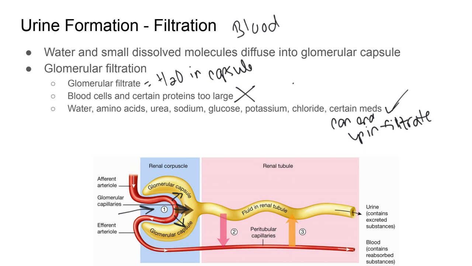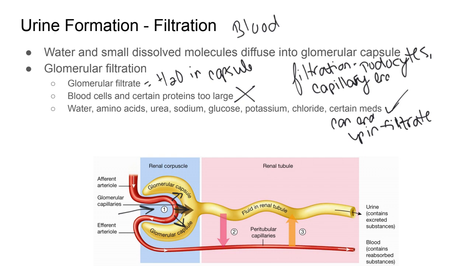That filtration membrane is going to be made of those podocytes, the cells that wrap around the capillaries, the endothelial cells in the capillaries, essentially the cells that make up the wall of the capillary, as well as the basement membrane of that capillary endothelial membrane.